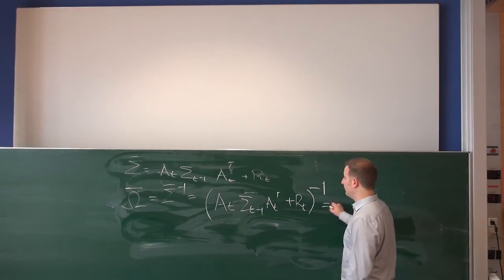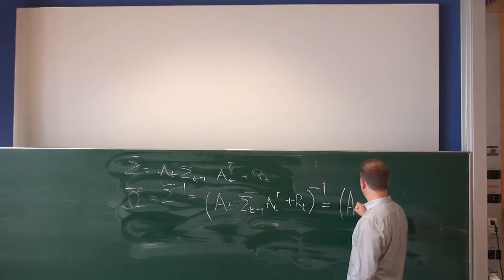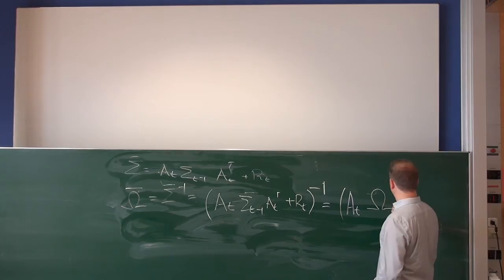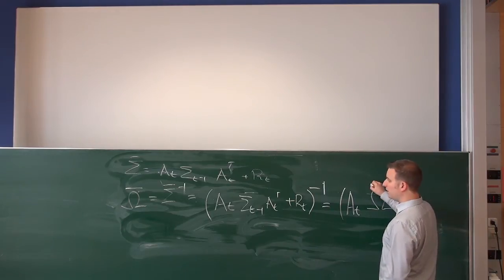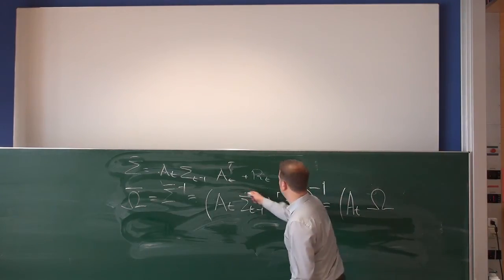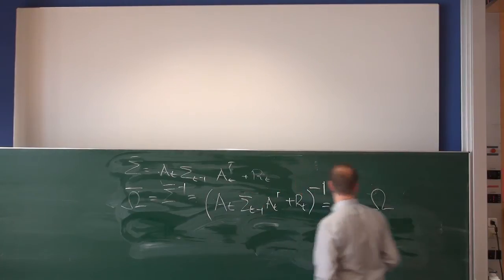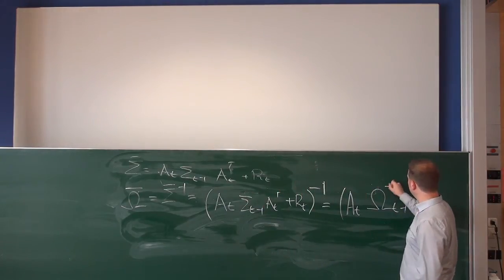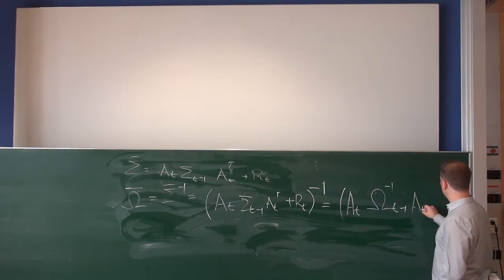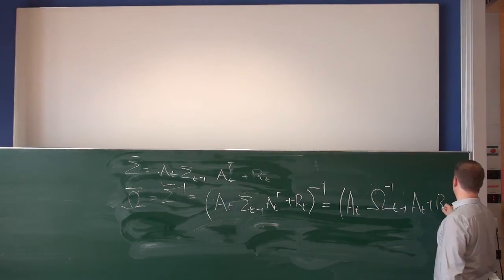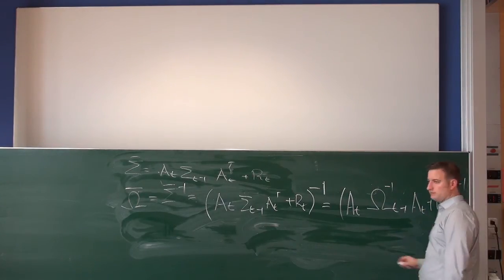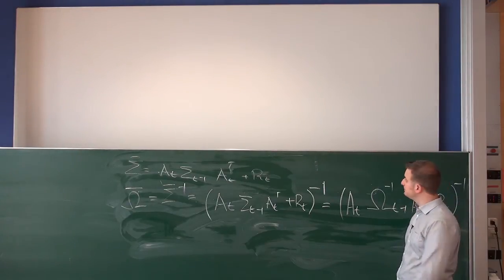Yeah. So this turns into A transposed Omega. This is actually not bar. Okay, without bar. t minus 1, but inverted. A transposed plus R_t to the power of -1. That's it.